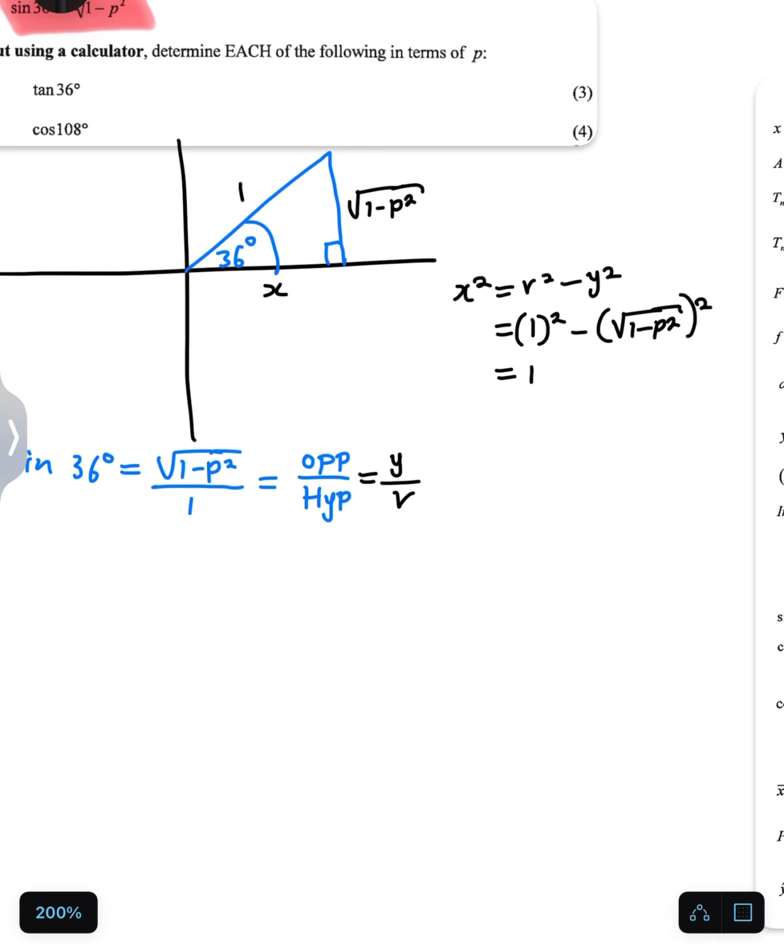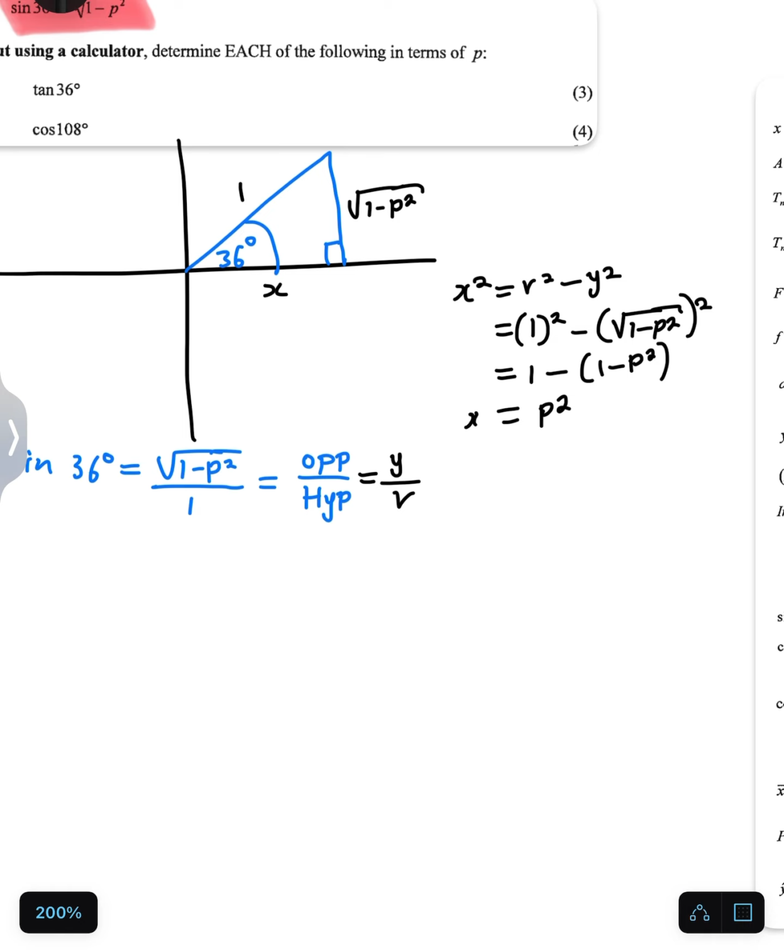So 1 squared is 1, and when you square the square root, the square root is cancelled, and you're left with 1 minus p squared, because you take away the square root, so you're left with what is inside it. So 1 minus 1 is 0, and then negative and negative p squared will give you positive p squared.